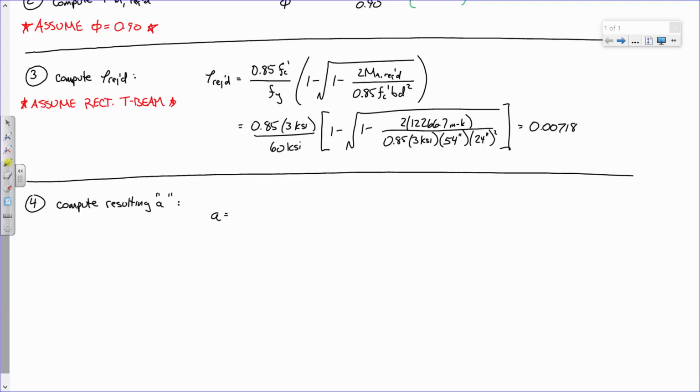And so that's rho fy d over 0.85 fc prime: 60 ksi, and that's 24 inches, over 0.85 times 3 ksi.